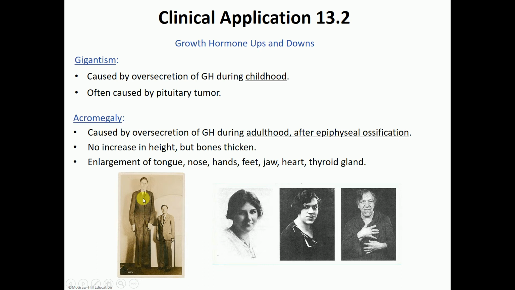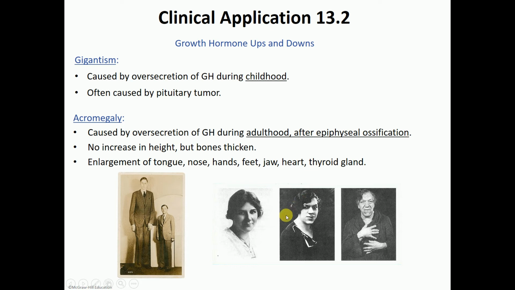And you can see here, this individual has gigantism compared to a normal adult male. So again, gigantism is due to oversecretion of growth hormone during childhood before the ossification of the epiphyseal plates. Now, acromegaly is the oversecretion of growth hormone during adulthood after the ossification of these epiphyseal plates.